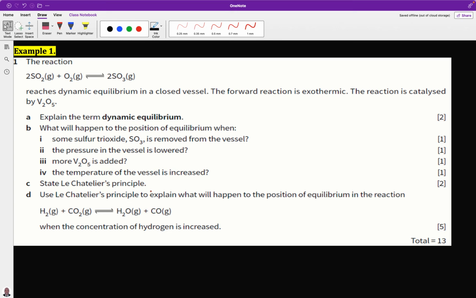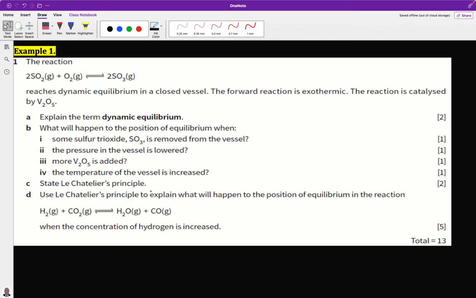This is a reaction in the contact process, the production of sulfuric acid. It reaches dynamic equilibrium in a closed vessel. The forward reaction is exothermic. The reaction is catalyzed by vanadium(V) oxide, that is vanadium pentoxide.